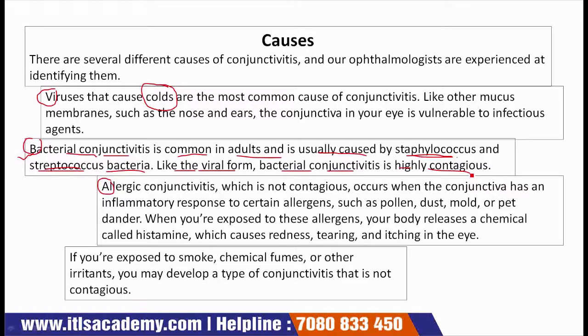For example, gonococcal conjunctivitis is caused by the same bacterium that leads to the sexually transmitted disease gonorrhea. These bacteria can easily enter the cornea.